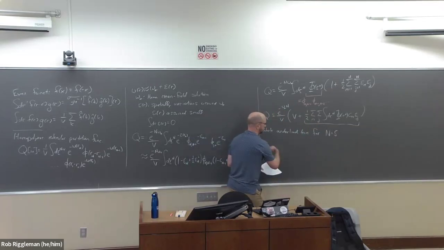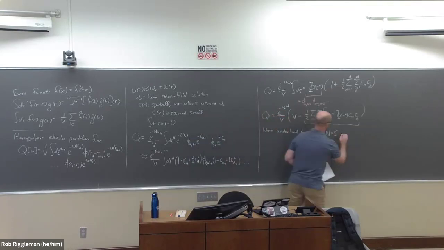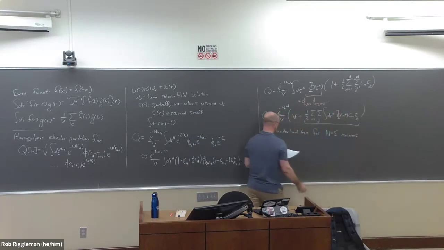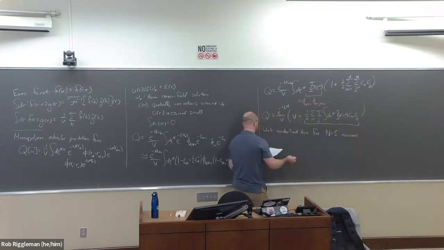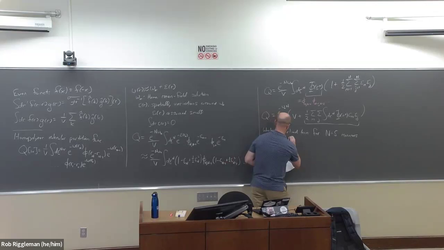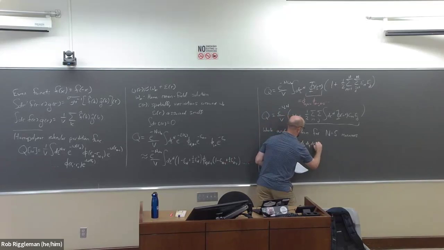All right, so we're going to say that this is n equals 5 monomers. And so that means 4 bonds. So this will be 1/2 sum over m, sum over j, integral, and I'm going to obnoxiously write out all of the terms. dr1, dr2, dr4, dr5.